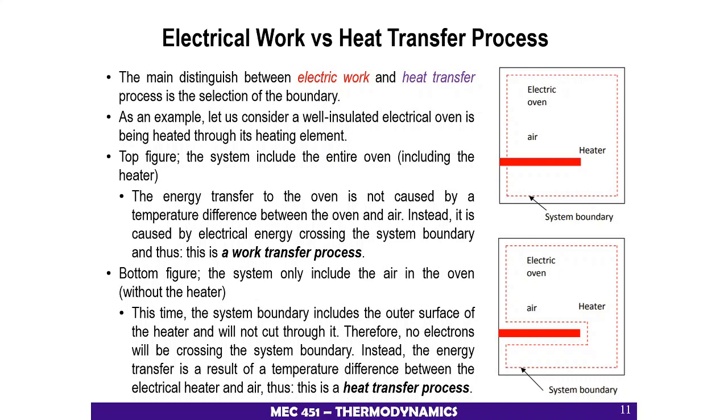Instead, the energy transfer is a result of the temperature difference between the electrical heater and the air. So we call it a heat transfer process. You must know the difference between work transfer and heat transfer. For work transfer, we include the heater. For heat transfer, we exclude the heater, so the only thing crossing the boundary is the temperature difference.